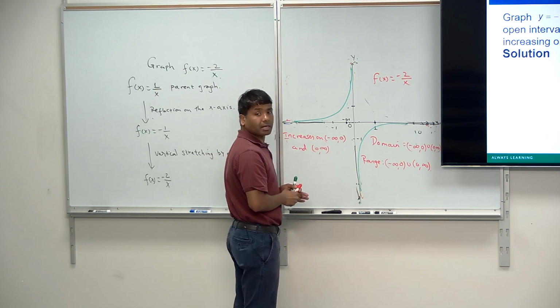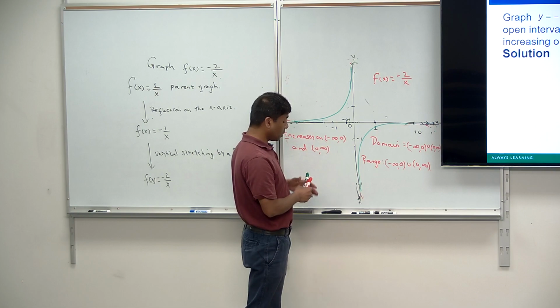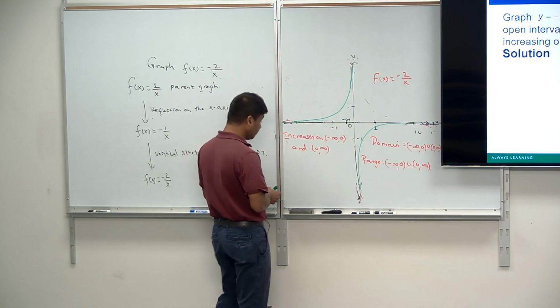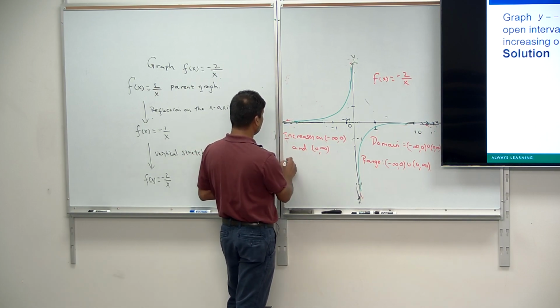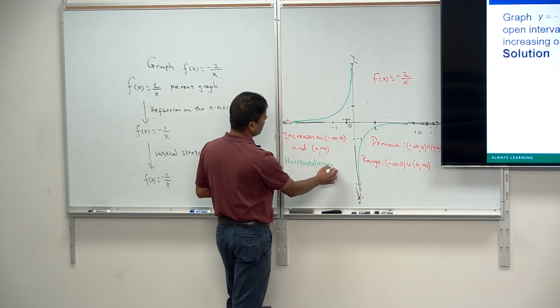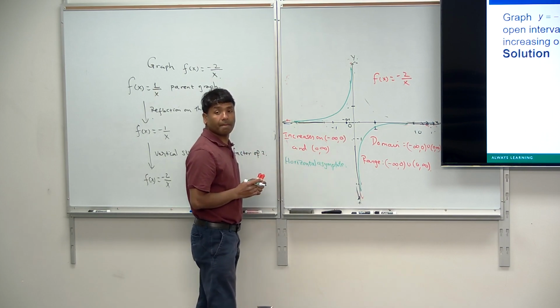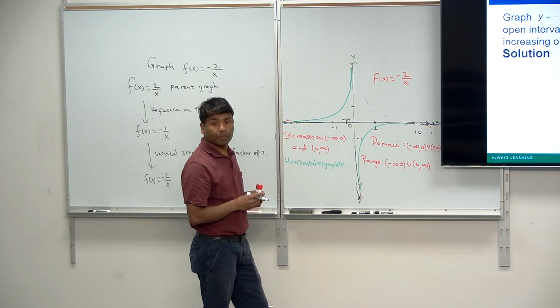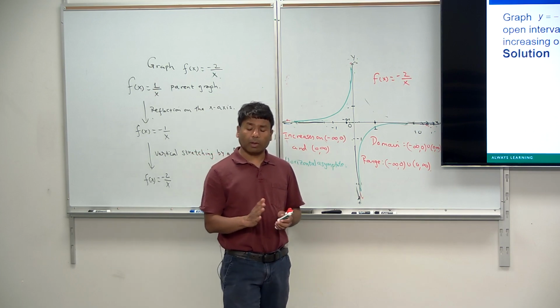And what is the horizontal asymptote? What is the horizontal asymptote? You know the asymptote, right? Look at the graph, okay?